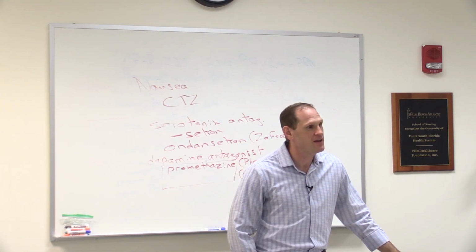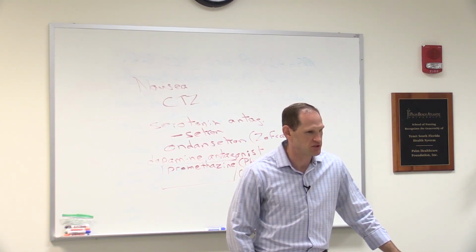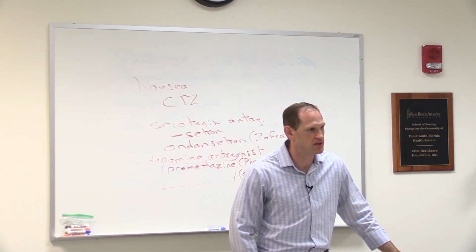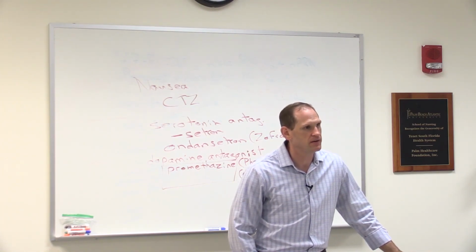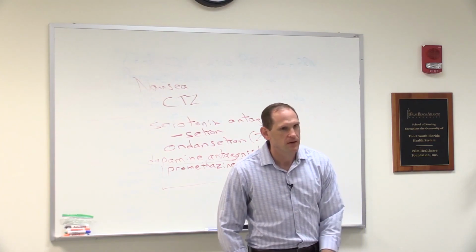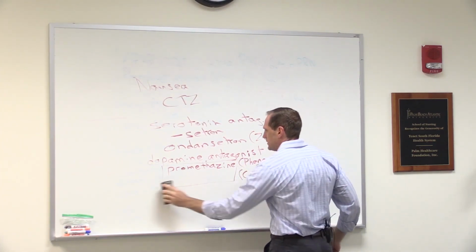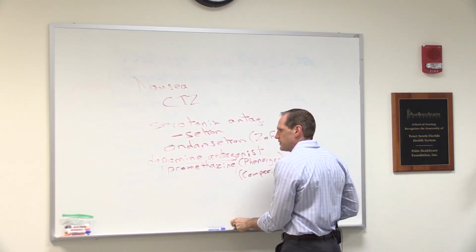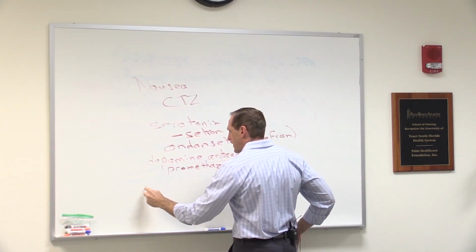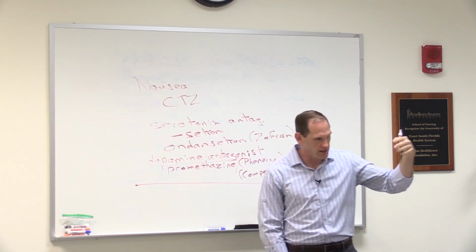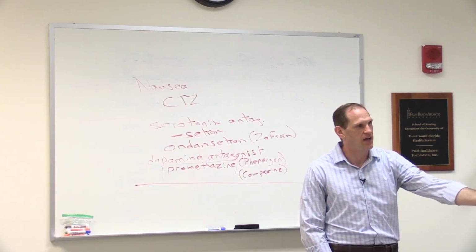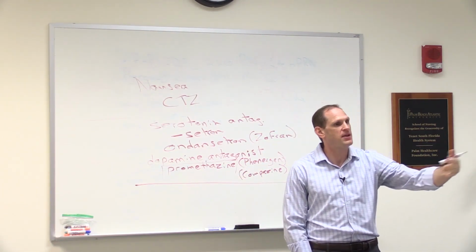But most importantly, don't give it IV push because it can lead to necrosis of the vein and potentially cause an amputation. All right, next we have some adjuvants. These are drugs that are not necessarily really good antiemetics themselves, but can be given in combination.